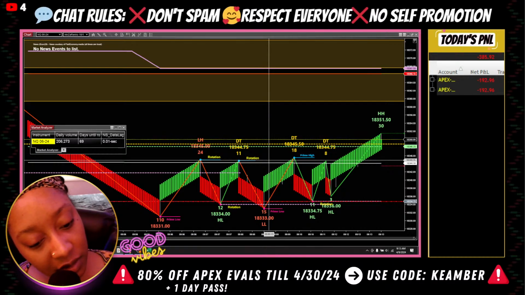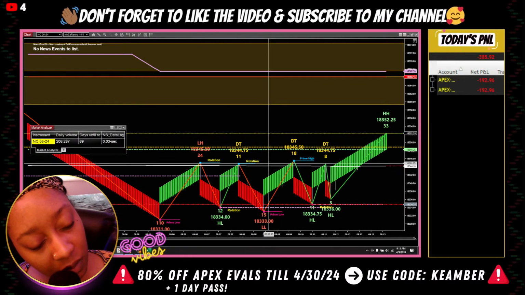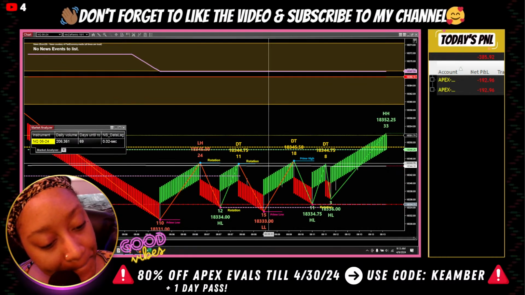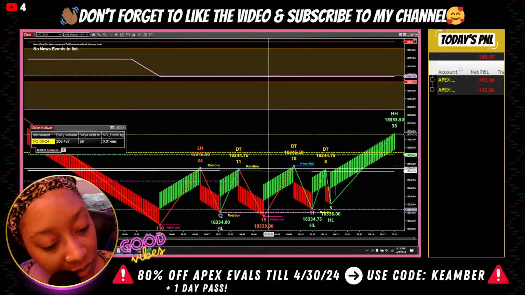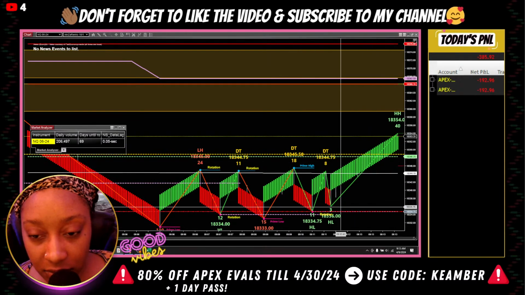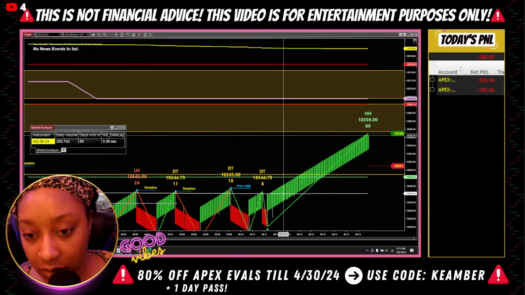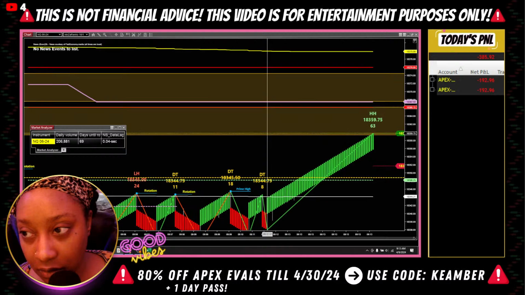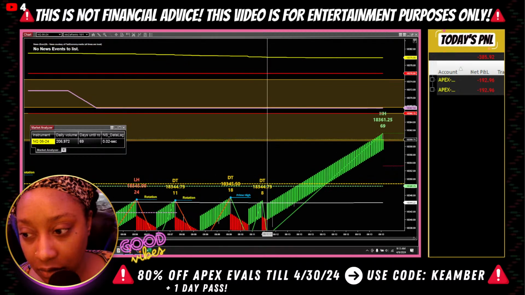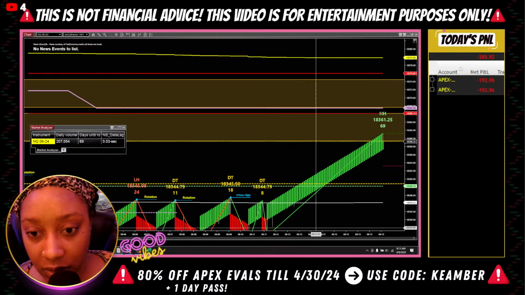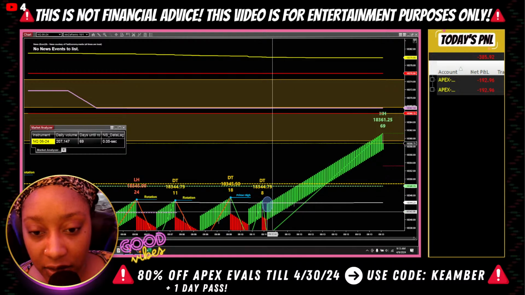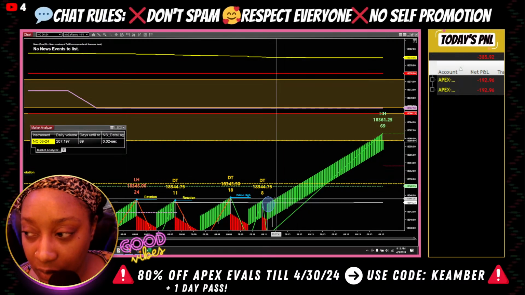Wait, let me make sure I didn't overlook one. Nope, those are all one bar pullbacks. See, close 44. 44.20. I'm going to count this bar as closing on this VWAP level.